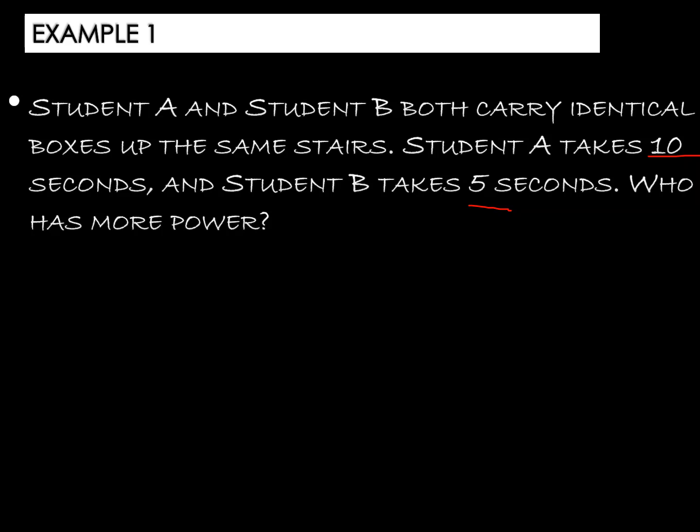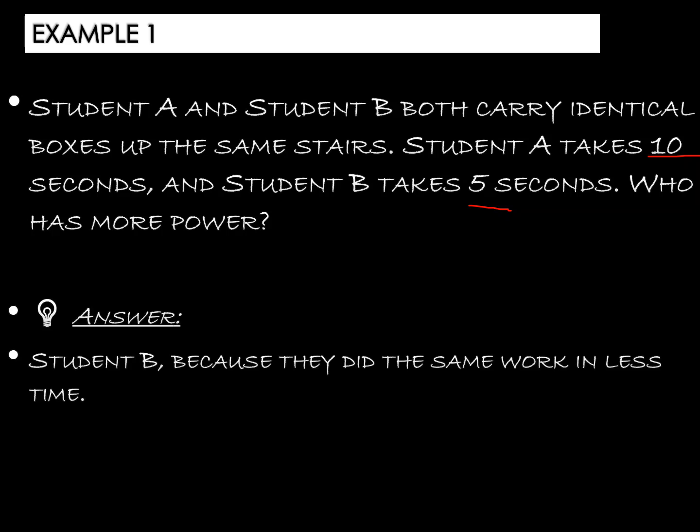So work done for A is equal to work done for B. But here, what differs is our time. So who do you think has more power? I think student B has more power, because it's like you are taking a box somewhere and I took 5 seconds and you took 10 seconds. That means I have more power than you.